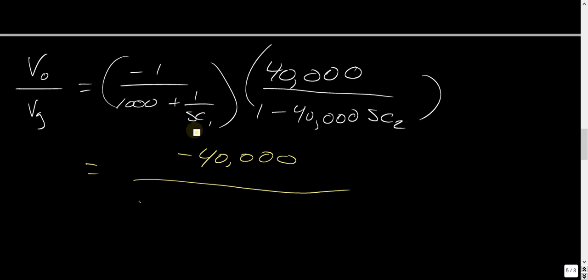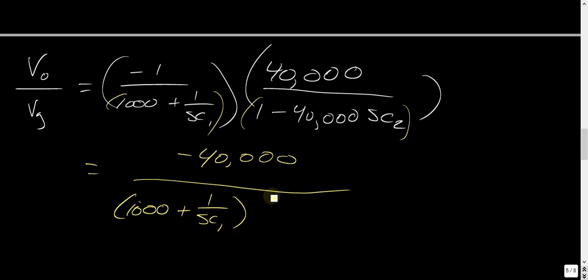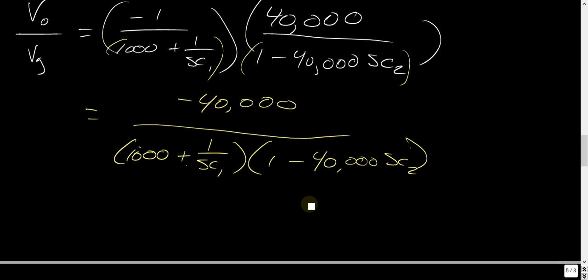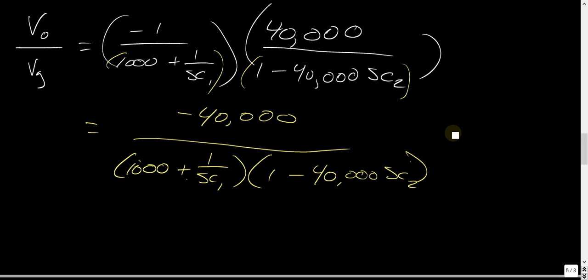So we'll leave these just like this. We're going to leave these in what we'll call factored form. We still need to simplify them just a little bit. Plus 1 over SC1, 1 minus 40,000 SC2. Okay, and basically I want to get S down here all by itself in a factored fashion, in something we're used to seeing. In order to do that, let's look at this part right here first.